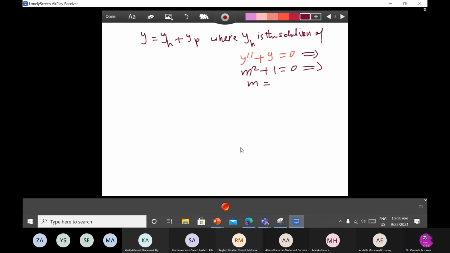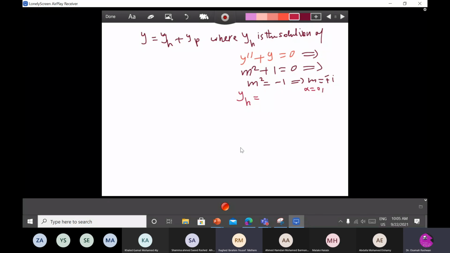Now m squared equals minus 1. So m will equal plus or minus i, right? So YH is equal to what? YH will equal C1. This is a complex case, right? Yes. So what is the real part?